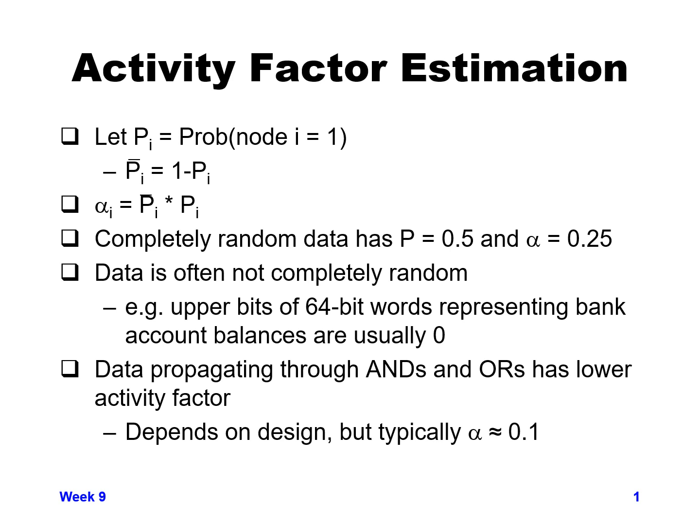So first of all, let's define capital P sub i as the probability that a given node i equals a logic value of 1 on any given cycle. And then of course the inverse of P sub i, since probability is a number between 0 and 1, is 1 minus P sub i.